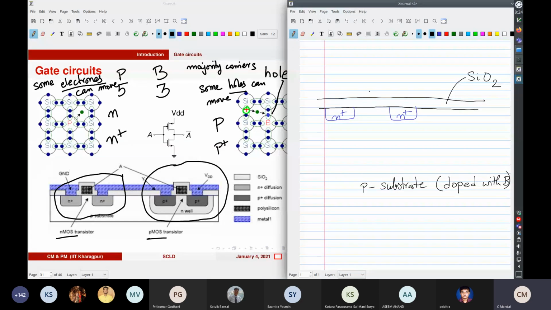However, in a certain window, you don't have the oxide that thick. So this is thick. And just over here you have, this is also oxide, but this is thin oxide.